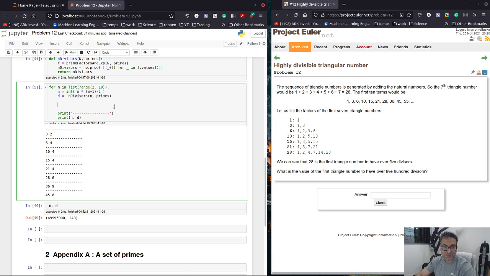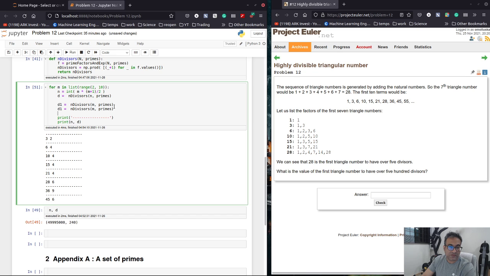Okay, so let's do that. N divisors, so we'll call that d1, of m and n divisors of m plus 1 like that.